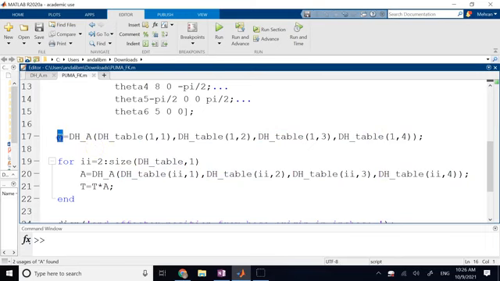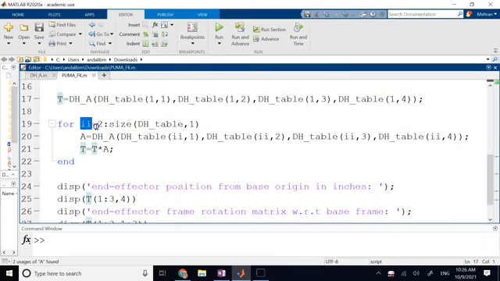So first I set T to be A1, and then from 2 to 6, I kept getting A from the new row and multiplied T, which was A1, by the new A. So now it's going to be A1 times A2. When i becomes 3, it's going to be A1 times A2, which was already computed, times A3, and then keep going forward and multiplying all the way to A6.